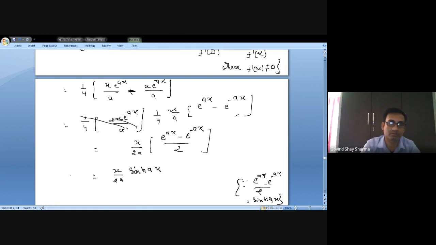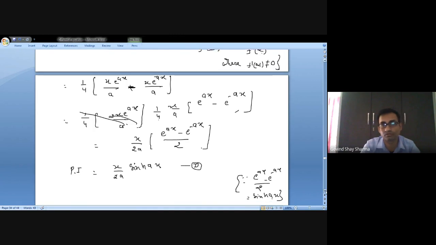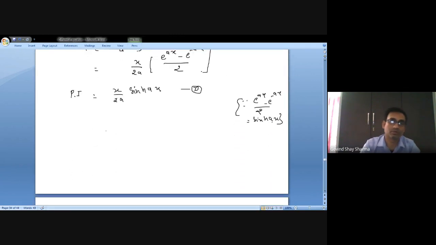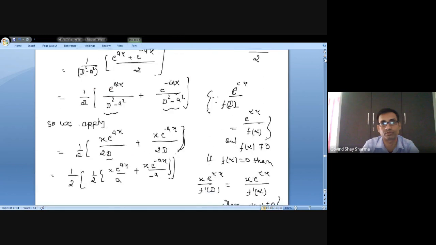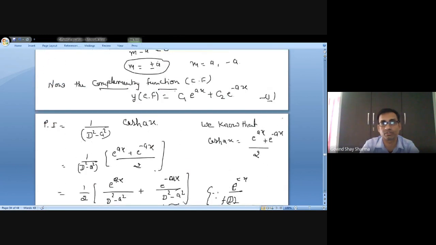Now the complete solution is y is equal to CF plus PI. So CF, from my first term, equation 1, is c1 e to the power ax plus c2 e to the power minus ax.